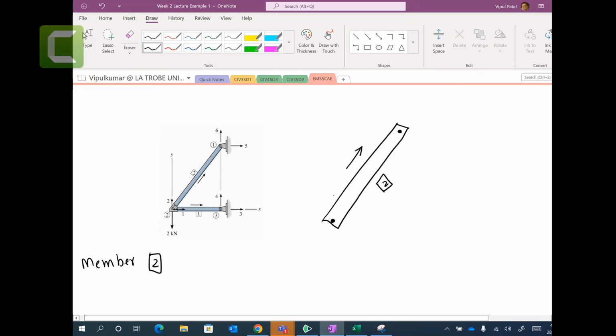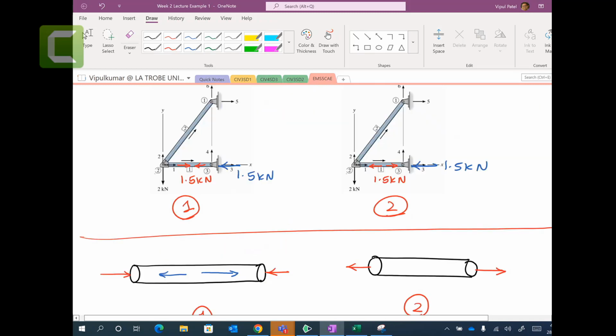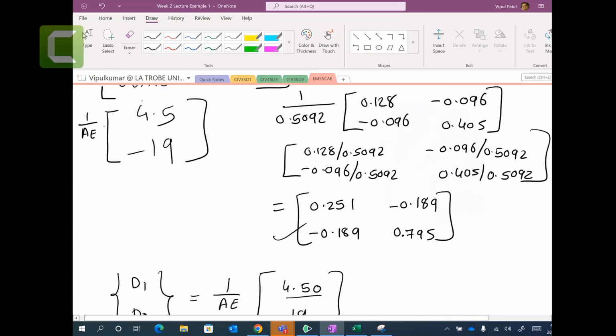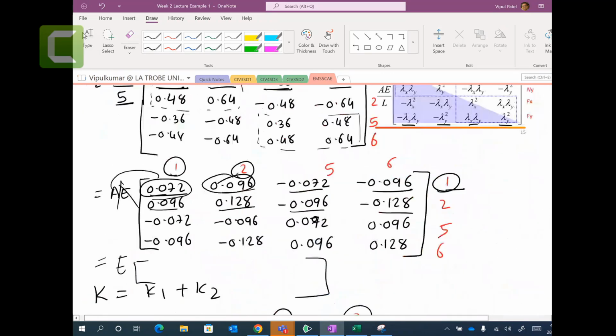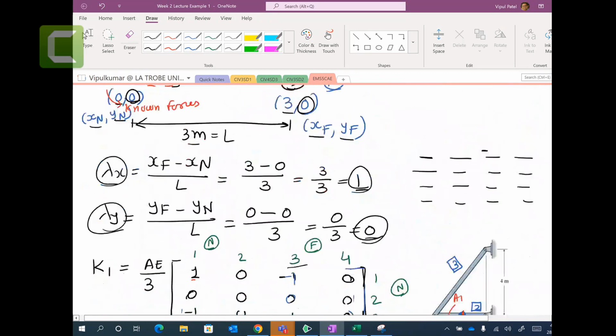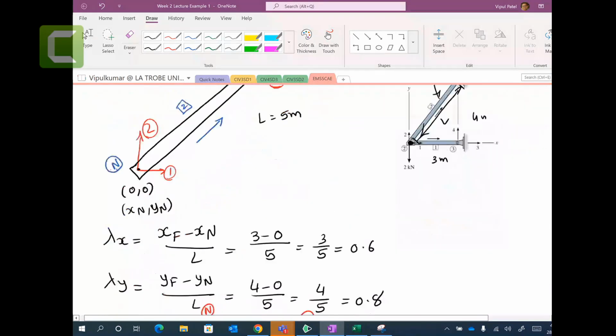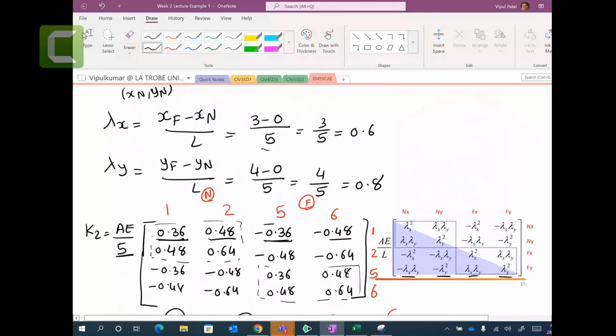Location vectors: you have 1, you have 2, you have 5, you have 6. You got the length. I think the length we calculated before. For element number 2, the length we calculated is 5.